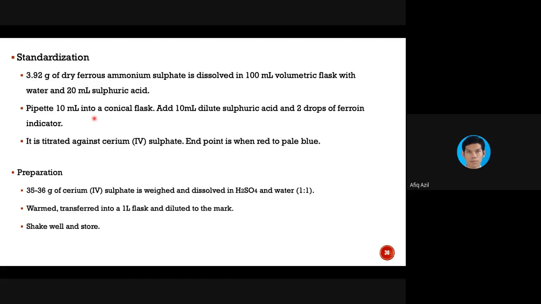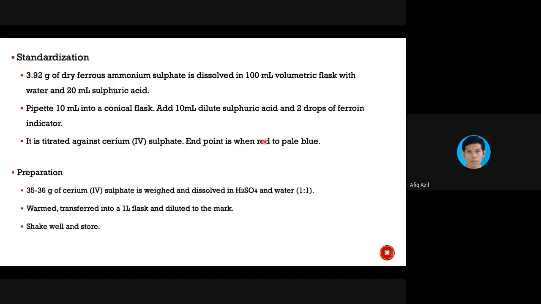Then you dilute, take out 10 ml, and add 10 ml sulfuric acid again, and also indicator. In this case, ferroin is used. Then only you can titrate with the cerium 4 sulfate. This is the standardization method.